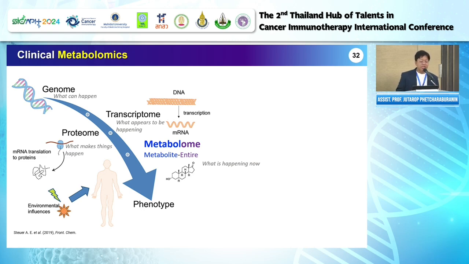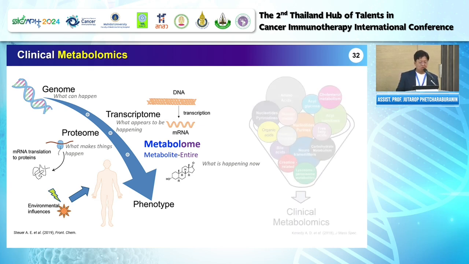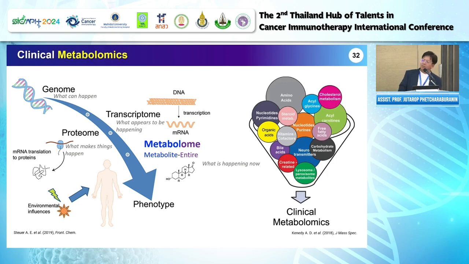As you can see from this diagram here, the metabolome is actually closest to the phenotype. That means for the downstream utilization of these biological signals, metabolites can be very easily applied into real use. For example, the detection of metabolites is much more straightforward than the detection of genes and much cheaper than gene sequencing. And when we talk about clinical metabolomics, what are these metabolites that we are looking into?